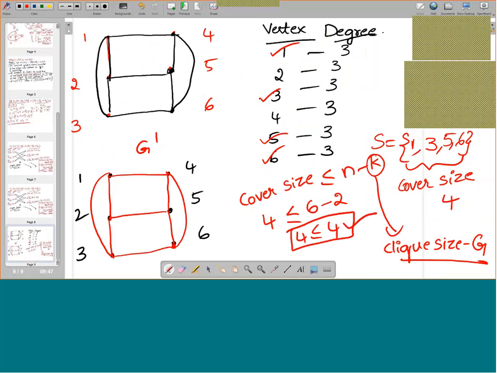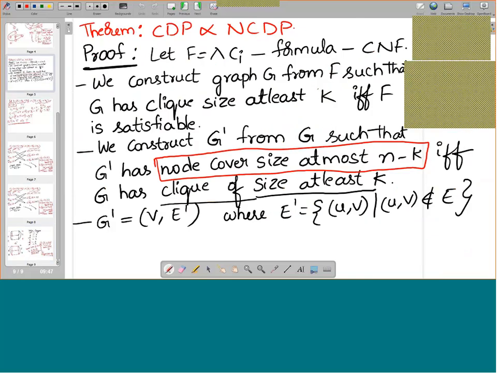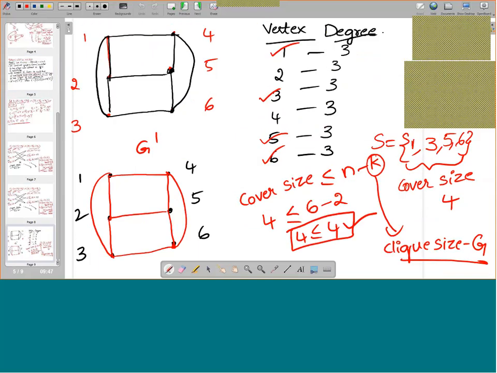Condition is true. So condition is true means the theorem is satisfied. What is the theorem? CDP reduces to NCDP. This theorem is satisfied if the cover size is less than or equal to n minus k.